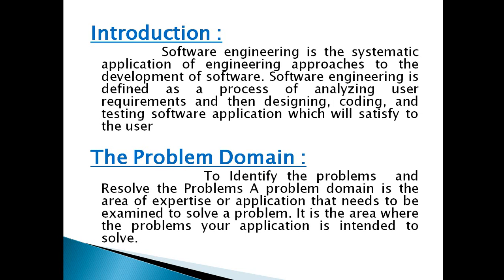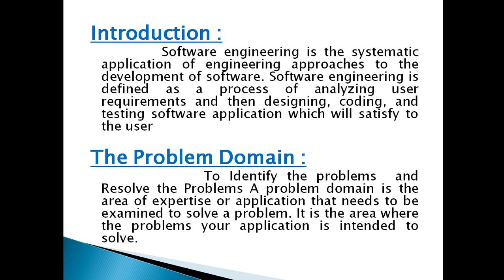Look at the screen to identify the problems and resolve the problems. A problem domain is the area of expertise or applications that need to be examined to solve a problem. It is the area where the problems your application is intended to solve lie.